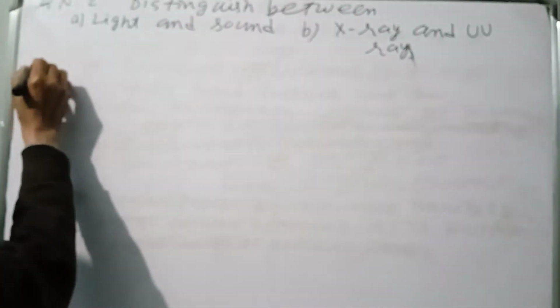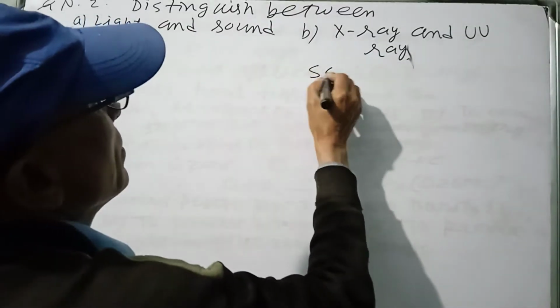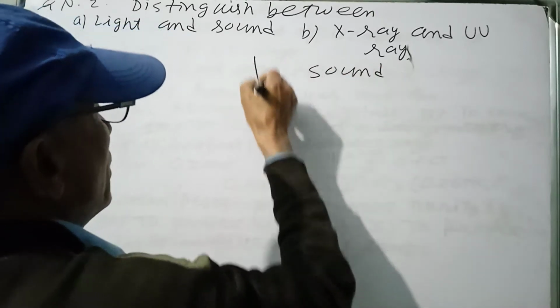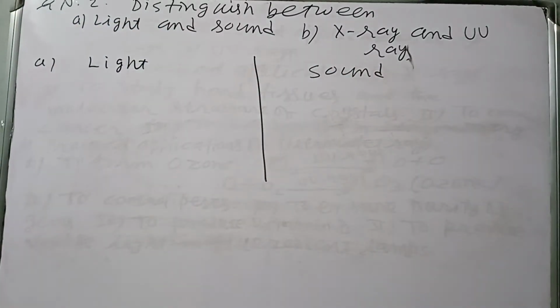See, number A is light and sound. Since it is related, light wave and sound wave are related.